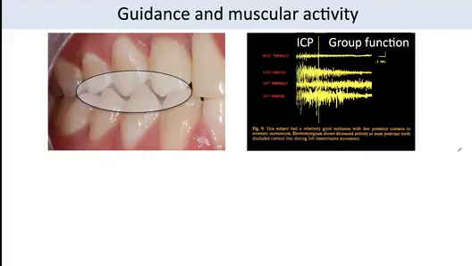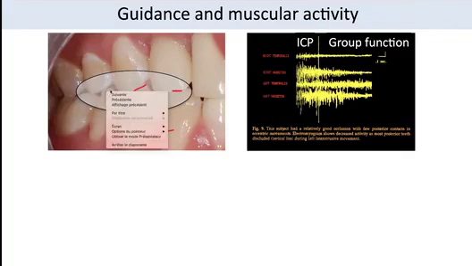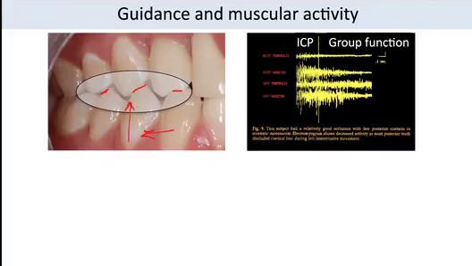If you are in a group function like this, it is a lateral movement on the right side. You have contact here, here, here. This is a group function. When the patient is in group function, he can clench the teeth.